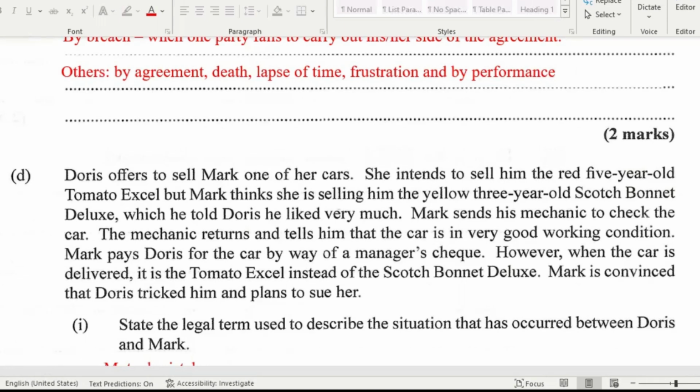So, first question for this. State the legal term used to describe the situation that has occurred between Doris and Mark. Do you know the answer?